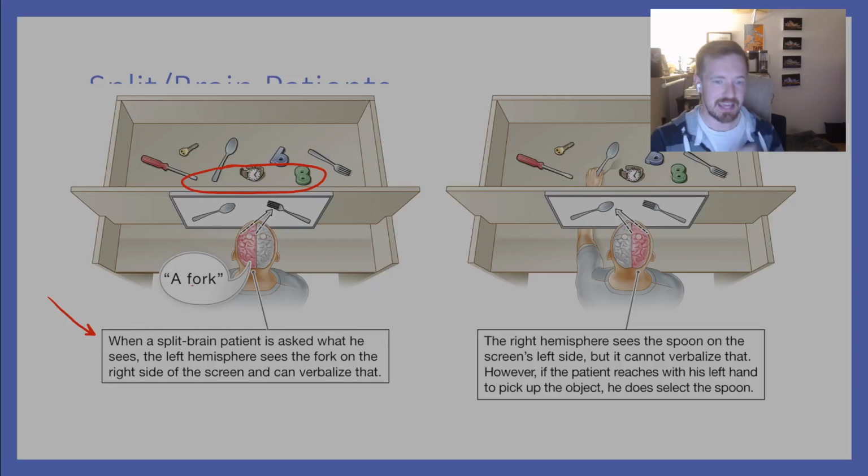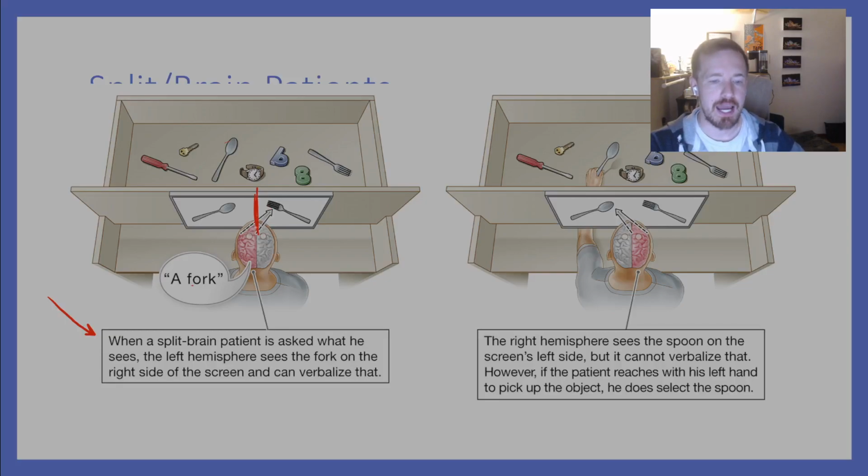All right, in that case, and I don't want to go into too much detail here, because I could spend an entire hour talking about this. You have somebody who's looking forward, and it's contralateral. The things that we see in our right visual field are processed by our left hemisphere. Things that we see in our left visual field are processed by our right hemisphere. So this person can say that they saw a fork, because speech is generally in our left hemisphere.